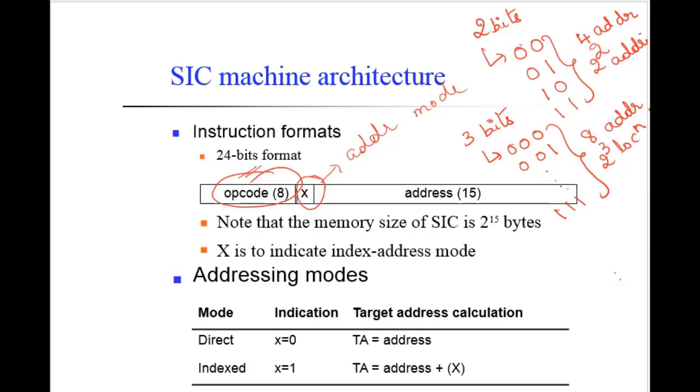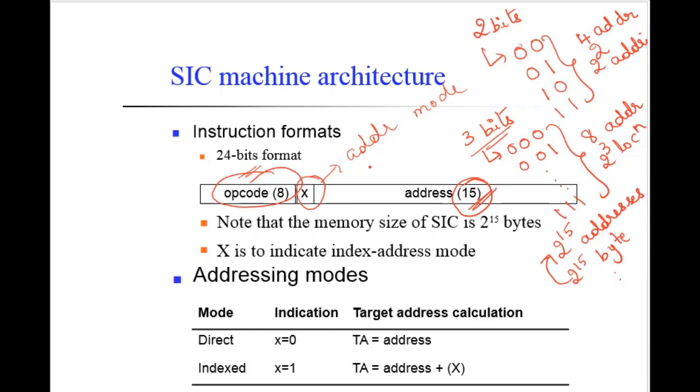Now, how many bits do I have for specifying the address? It is 15 bits. If it is 15 bits, how many addresses can we frame? 2 raised to 15 addresses. If you remember, what is the total memory available? In SIC, it is 2 power 15 bytes. So for every byte, we can have an address with the help of these 15 bits.